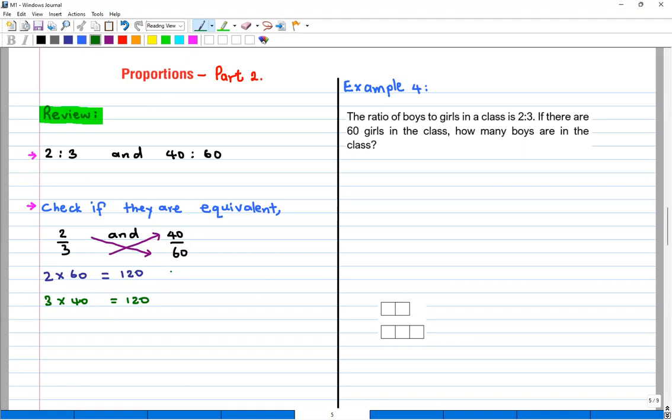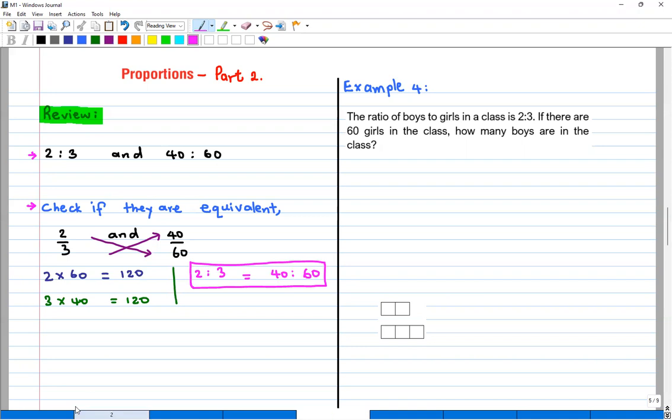What does this imply? It implies that the ratio 2 to 3 is equal to the ratio 40 to 60. When two ratios are equivalent, this equation is what we call a proportion.